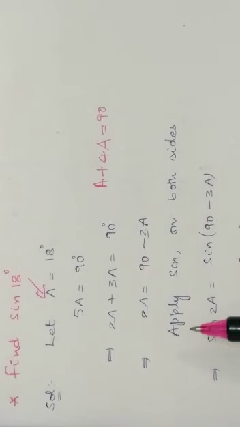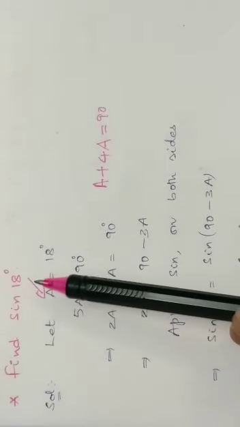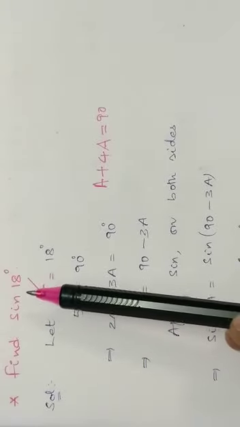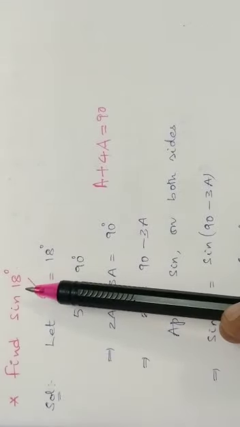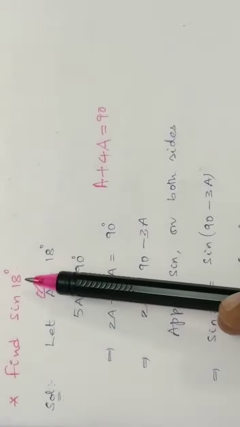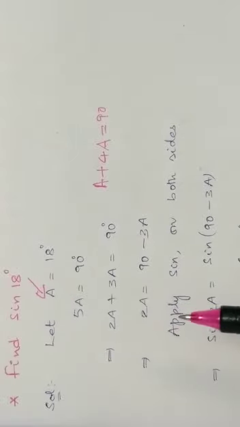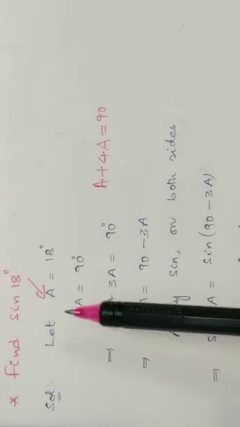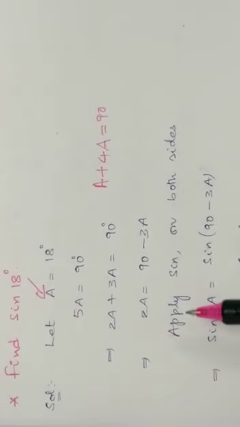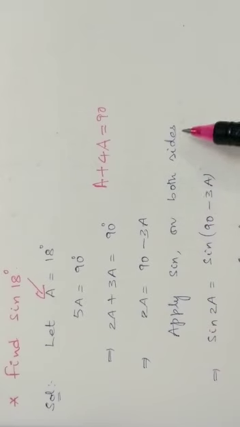You should not use the word multiply, because sine 18 degrees doesn't mean sine into 18. So, you should not write multiply. You have to write apply sine on both sides.